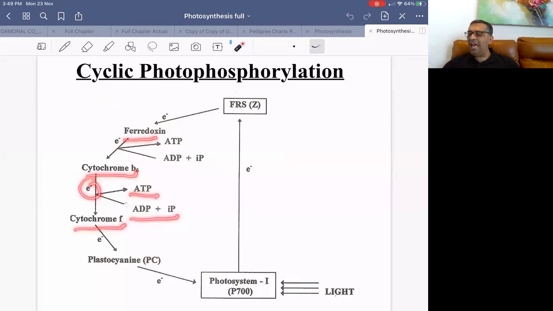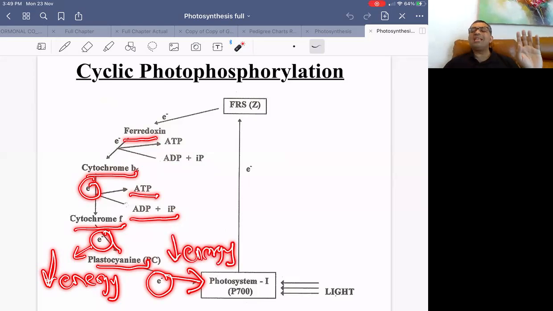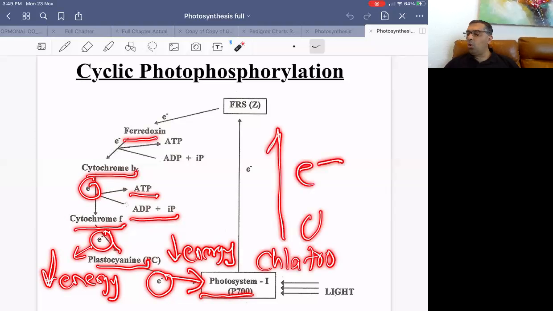Then from cytochrome F to plastocyanin, अब तक majority energy निकल गई है. So now this electron releases less energy, and plastocyanin से chlorophyll A के अंदर जब इलेक्ट्रॉन आता है, very little energy is lost, and that is lost as heat energy. वो heat हो जाती है, and chlorophyll A 700 on losing electron had become chlorophyll A 700 plus.